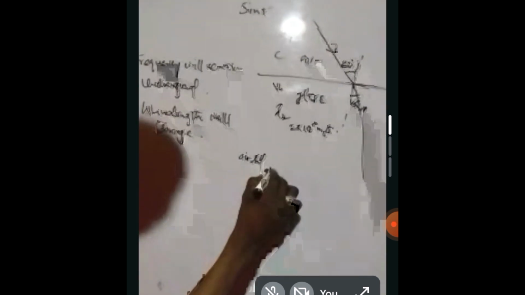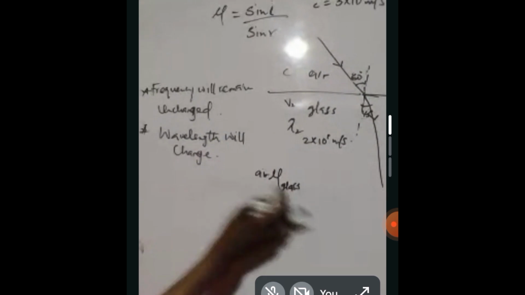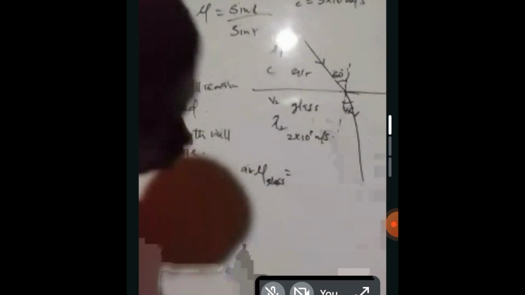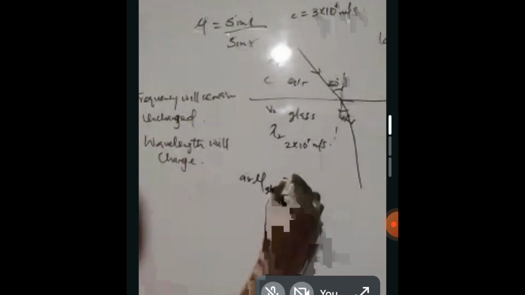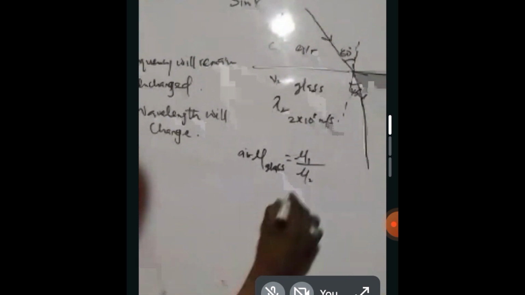Okay. So now, this is what we call the refractive index. Refractive index from air to glass. The refractive index of a body moving from air to glass equals the refractive index of air, that is 1, over the refractive index of glass.